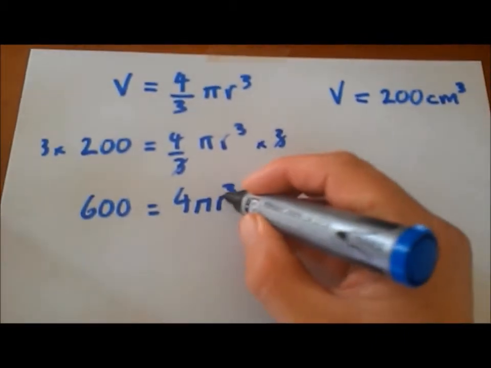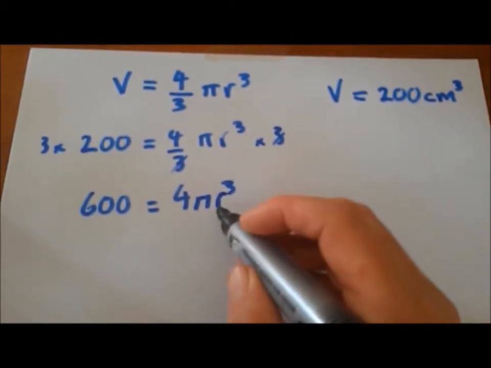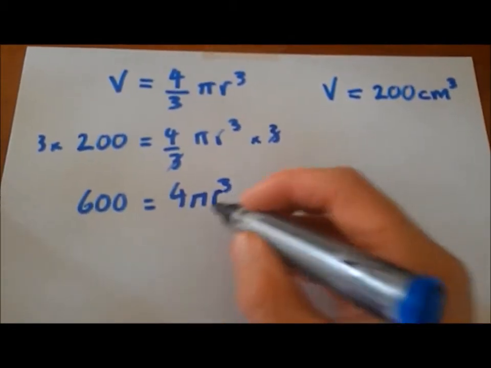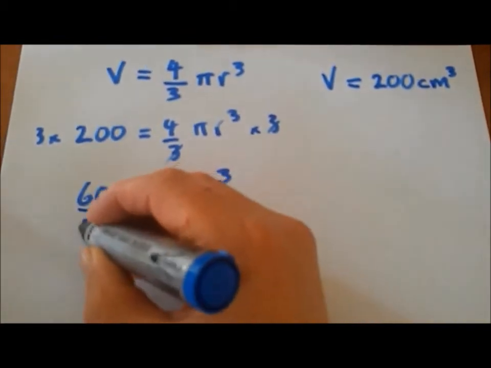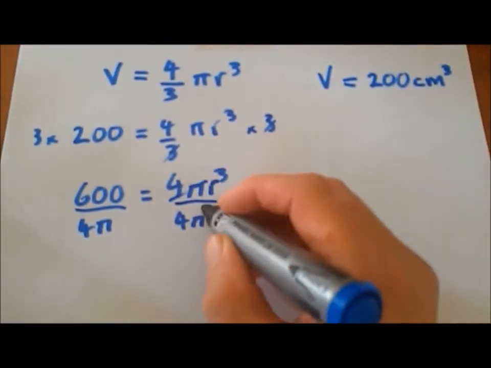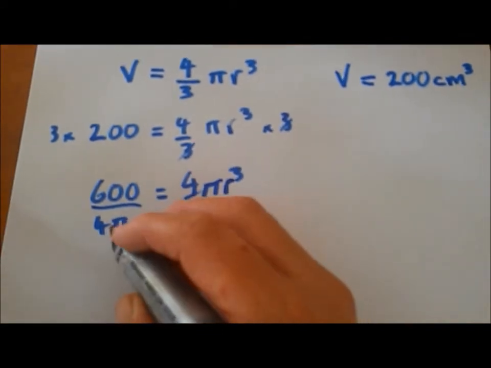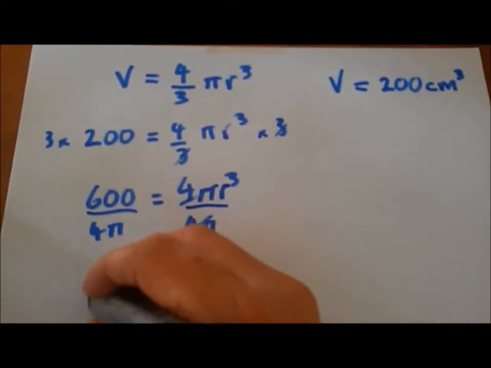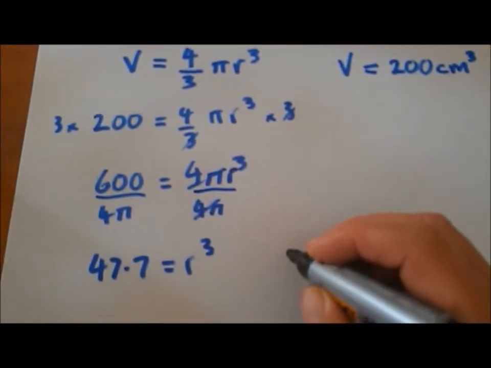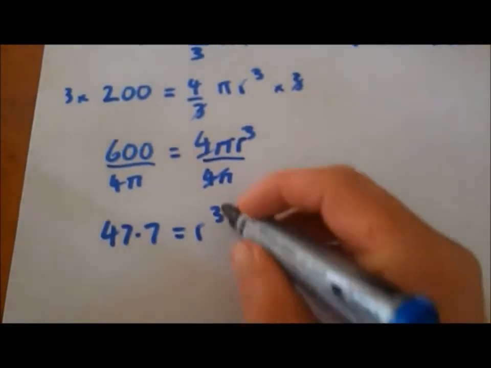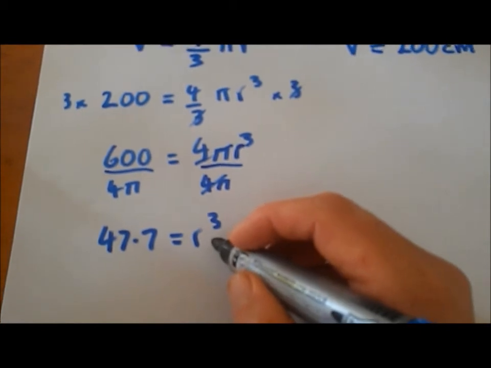Now I want to get r on its own. It's got a 4 and a pi in front. I can actually divide by both of those at once. That way they're both gone. And 600 divided by 4 pi on a calculator, you'll find that's about 47.7. And that's my radius cubed. Now the inverse of cubed will be the cube root.